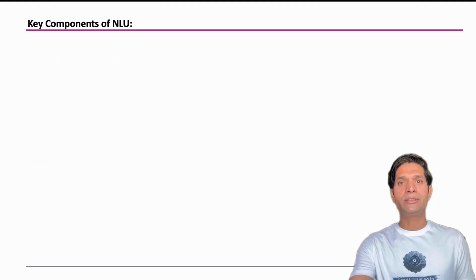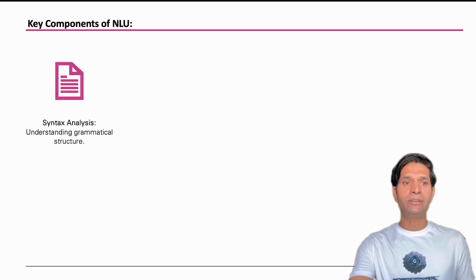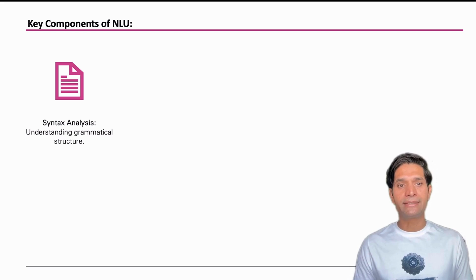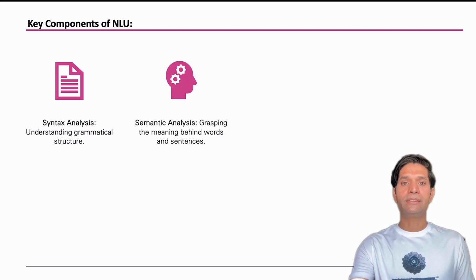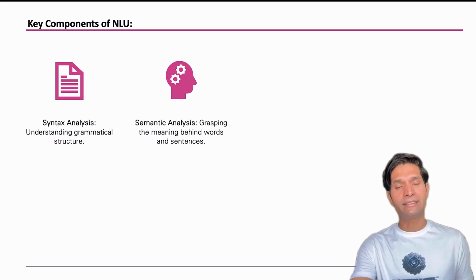So a few components of NLU we need to be aware about. The first is syntax analysis, which means it has to understand the grammatical structure. Second, semantic analysis, like grasping the meaning behind the words and sentences.